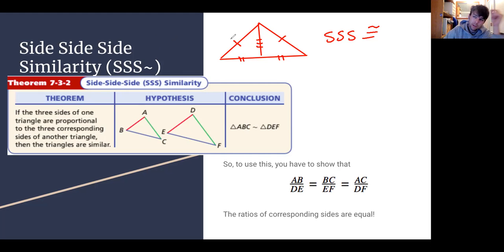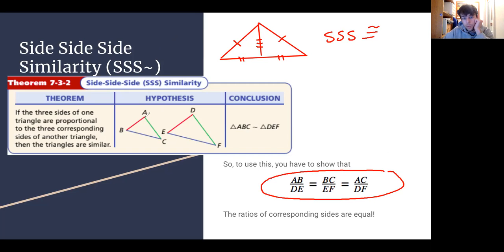We're not talking about congruent sides. We're talking about the sides are proportional, meaning all of the ratios of corresponding sides are proportional. All the ratios are the same. So when we do, for instance, AB divided by DE, that's going to be the same as BC divided by EF, or AC divided by DF, that those ratios are always equal.